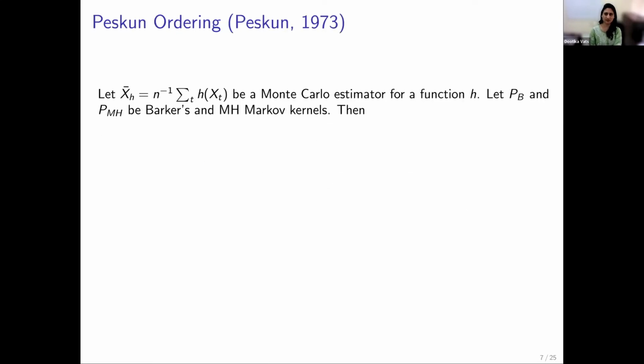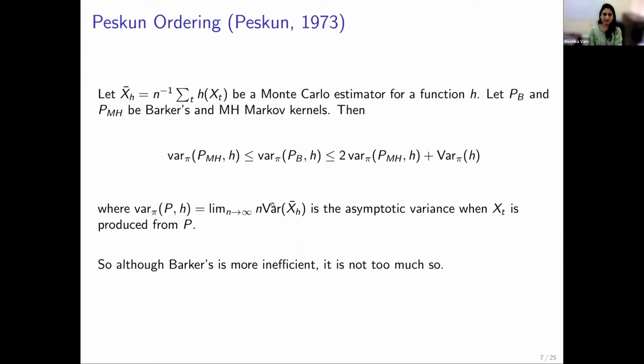So Peskun's ordering result goes as follows: if I consider a Markov kernel, P sub B, which is the Barker's kernel, and P sub MH, which is the Metropolis-Hastings kernel, and if I take the Monte Carlo averages coming from the process generated by those kernels for any function, let's say H, then the limiting variance of those Monte Carlo averages, so limit n tending to infinity, n times variance of x bar for any of those kernels, is such that the limiting variance for MH is always bounded above by the limiting variance from the Barker's kernel.